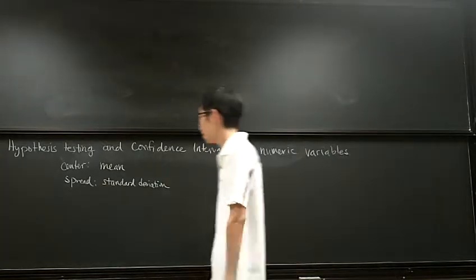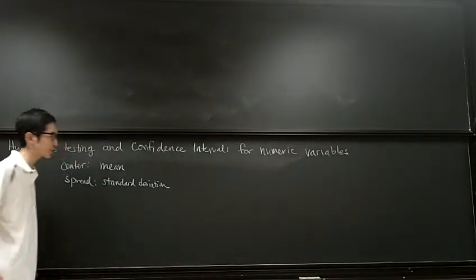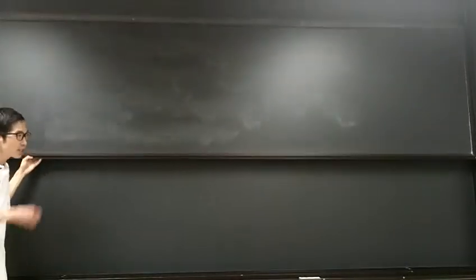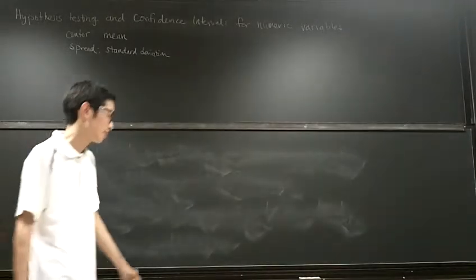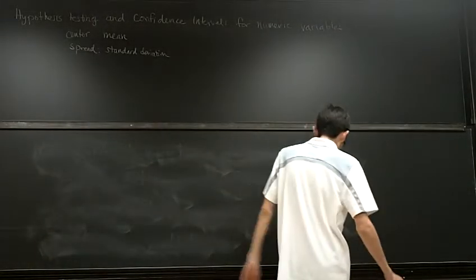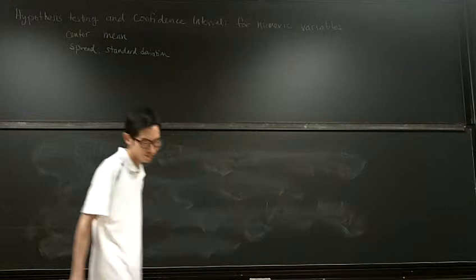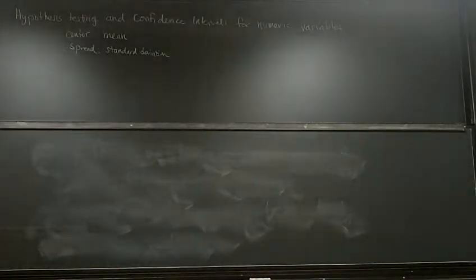So I'm 90% confident that the proportion of people in the population that I don't know, own a car, I don't know, is between this percentage and that percentage, okay.